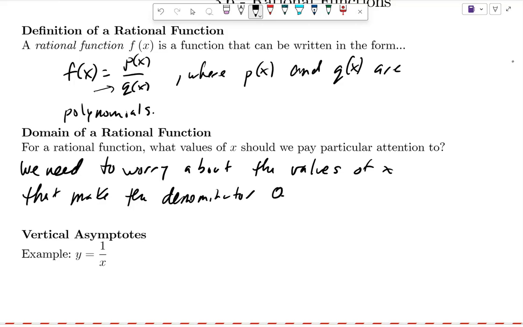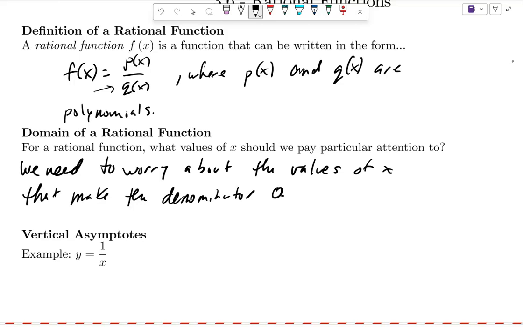Those are bad numbers. When we plug something in for x and make the denominator 0, we're trying to divide by 0, and bad things happen. We rip open the space-time continuum. All sorts of bad things happen, right?